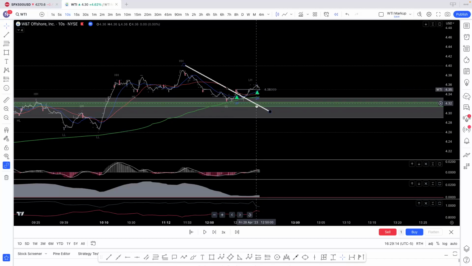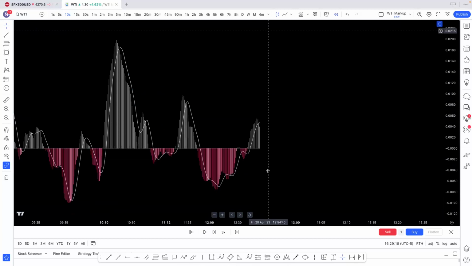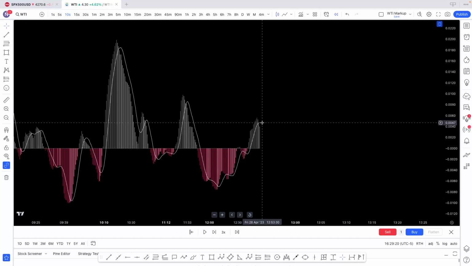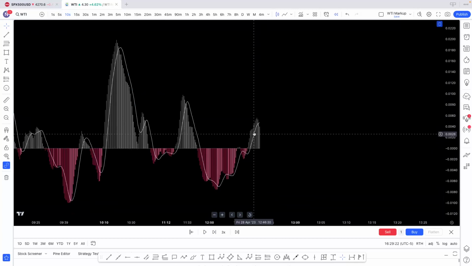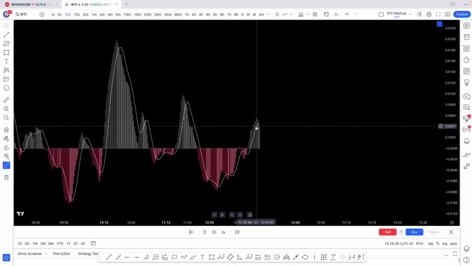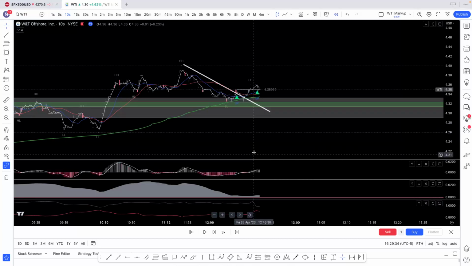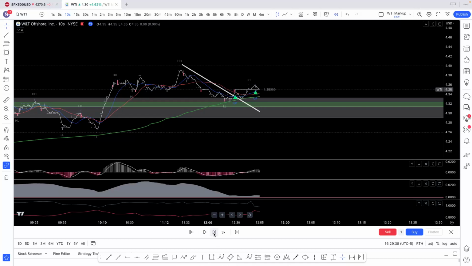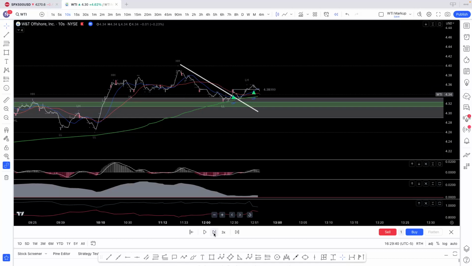All right, so it looks like it's currently bullish, with potentially selling momentum as the signal line is about to cross. So I'll play this for a bit more.